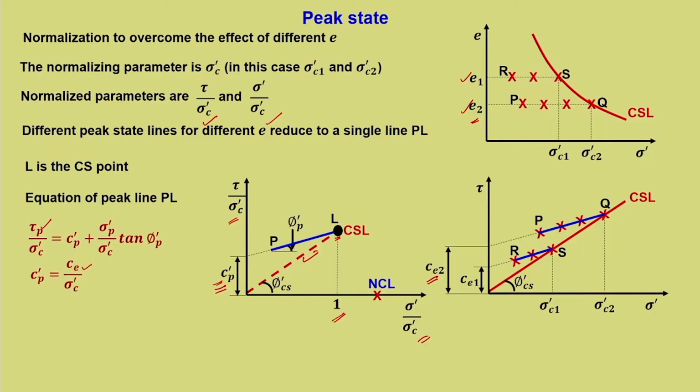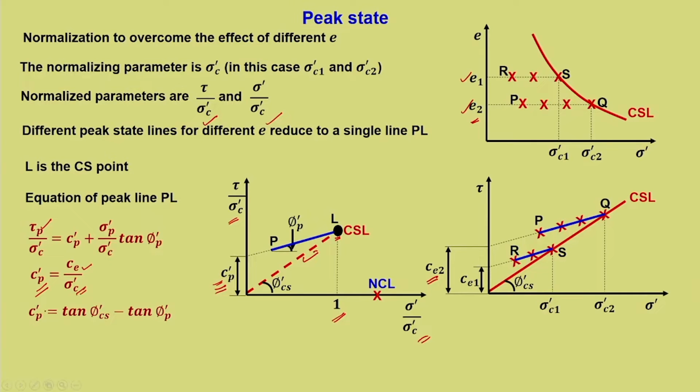So, it can be CE1 or CE2. Now, that will be getting factored by sigma dash C. So, CE1 upon sigma dash C1 or CE2 upon sigma dash C2, whatever. So, that normalized value of cohesion is C dash P, as you can note from this figure.